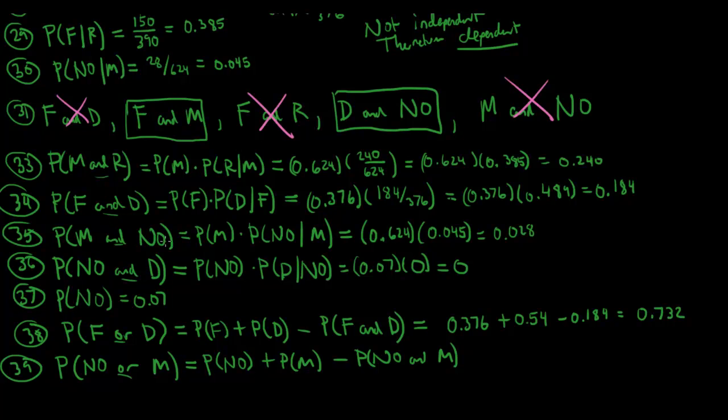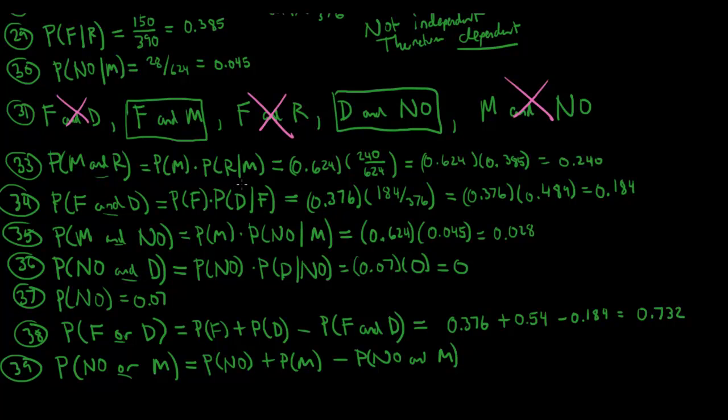Yeah, we're good. Oh, now that brings up a question: is the probability of male and no the same thing as the probability of no and male? Let's check. Okay, I'll do this in a different color.